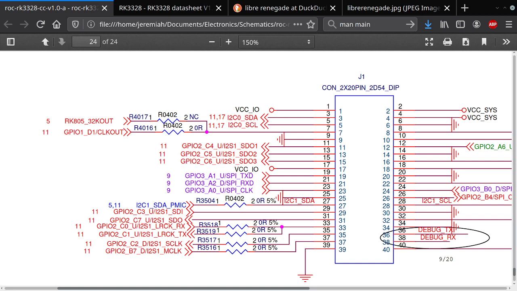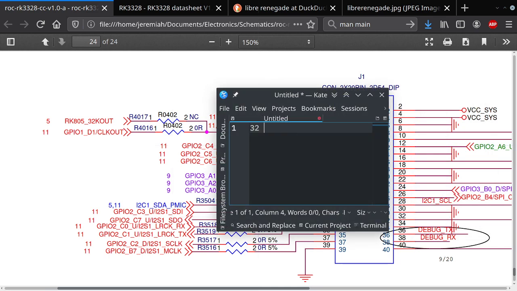The way they're doing their stuff here, the way they're actually mapping their GPIO is it's 32 times the GPIO chip, and then you add in 8 times the GPIO bank, plus the pin.